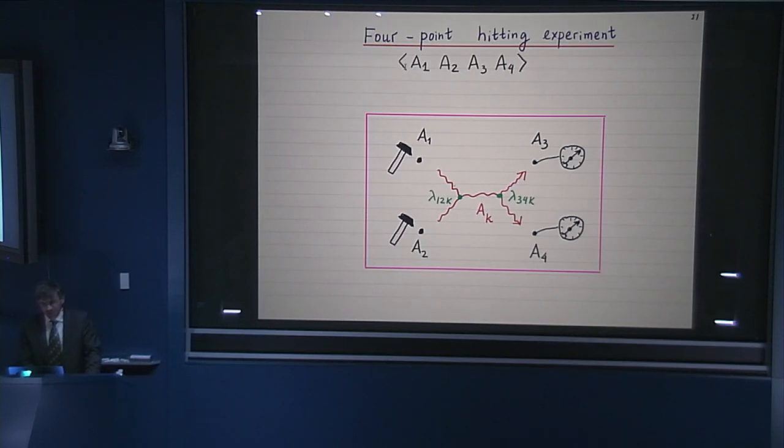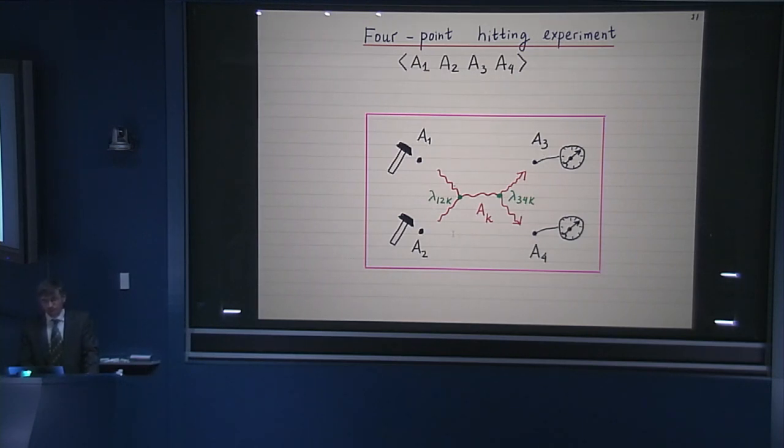So you consider 4 points, 4 fluctuations, a1, a2, a3, a4. You hit your system at points x1 and x2, and you read off the signal at points x3 and x4 for fluctuations of type a3 and a4.